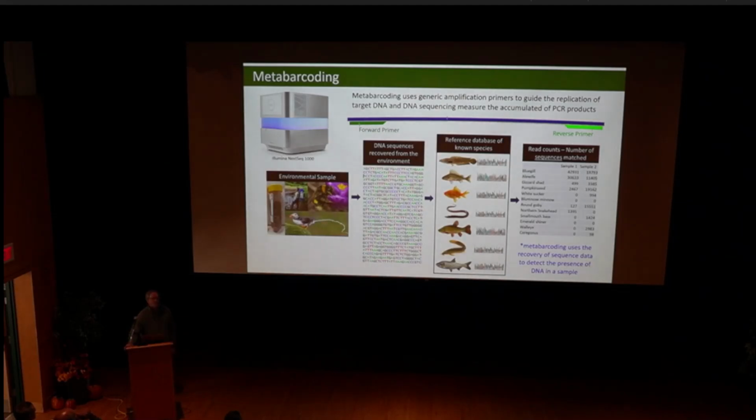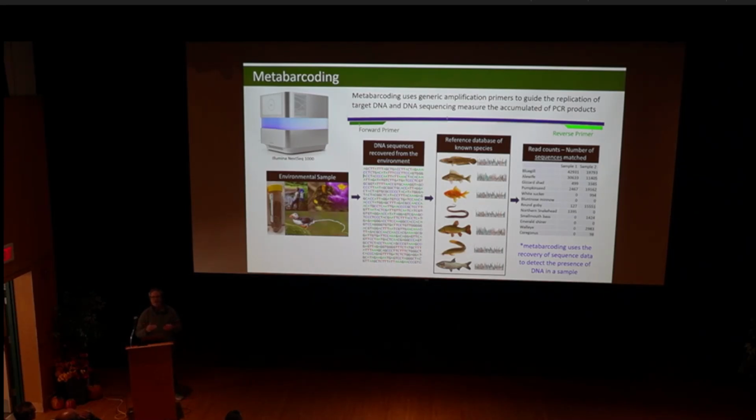Metabarcoding is a little bit different. It still starts with that same PCR reaction, but now our primers are generic. They're not designed specific to a target; they're designed for a generic group of organisms. In this instance, it's fish. So when we go through that amplification process, we're creating copies of the DNA of all of the fish in our sample. Because we've now got a mixture of DNA, we can't just use a fluorescent signal.